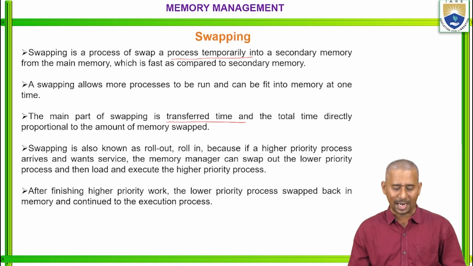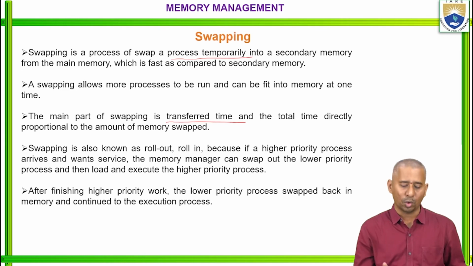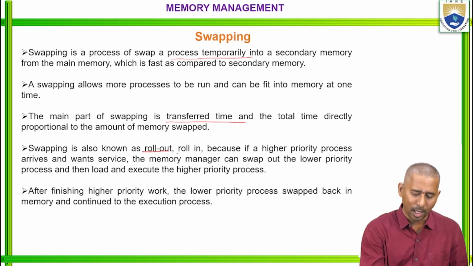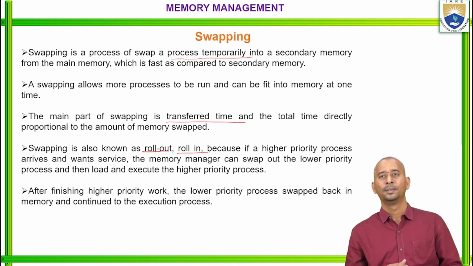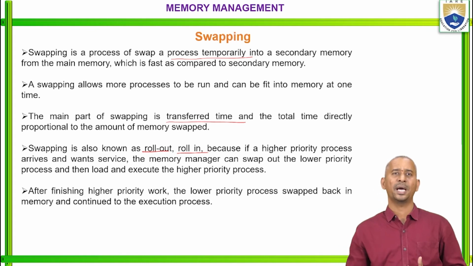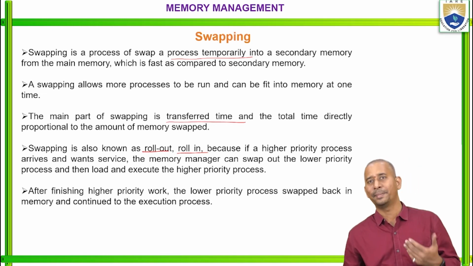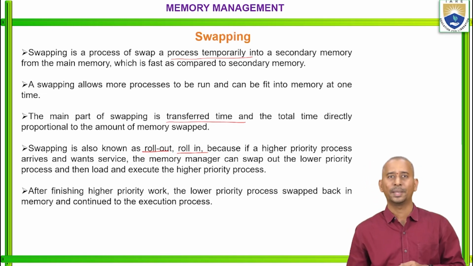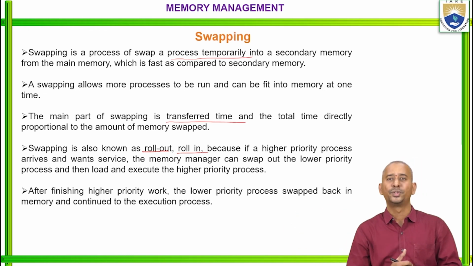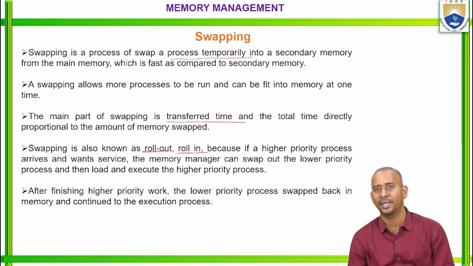See, swapping is also known as roll out and roll in, because if a higher priority process arrives and requires some services, then the memory manager can swap out the lower priority process and execute the highest priority process.